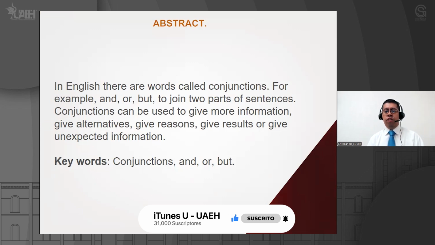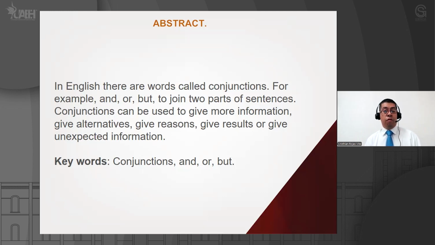For example, conjunctions can be used to provide a little bit more information or to provide alternatives, probably to give a personal reason, or when you have an unexpected kind of information. So for today's topic, we're going to work with these three conjunctions: and, or, and but.